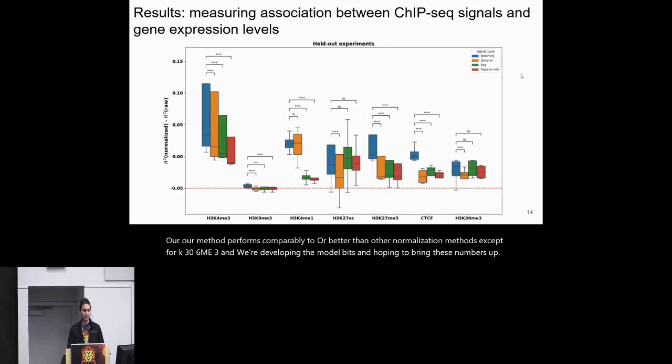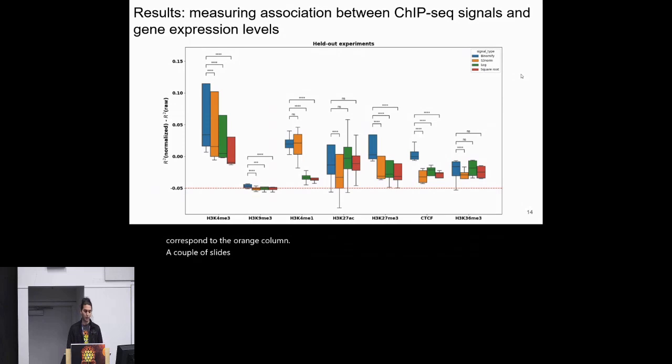Very quickly, this is the other evaluation which I mentioned. This would correspond to the orange column in the matrix from a couple of slides ago. Again, the pattern is pretty much broadly the same, except that the absolute differences are smaller, both between unnormalized and normalized signals and between the different assay types and normalization methods.